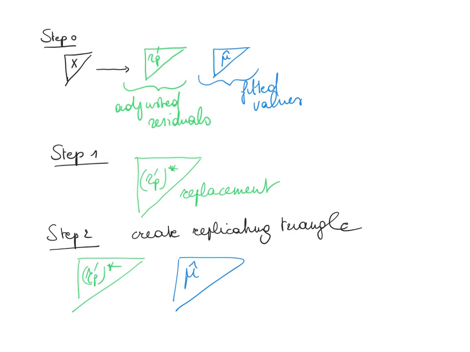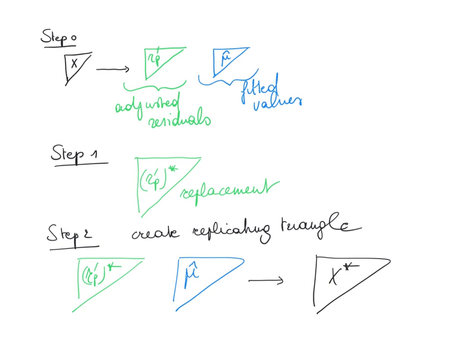I don't do anything with that. And I'm going to combine these two into a new triangle, say X star. Now if I have a new triangle, I can fit my original model on this triangle.